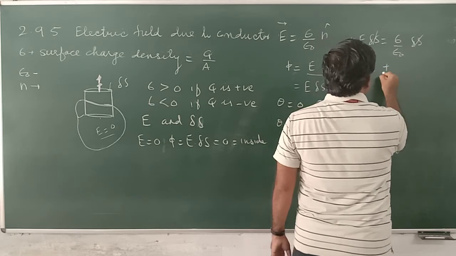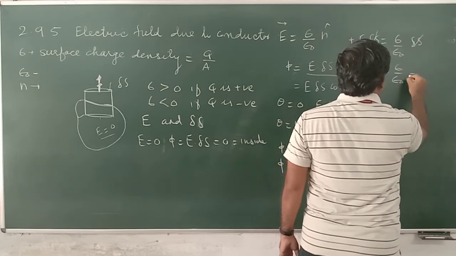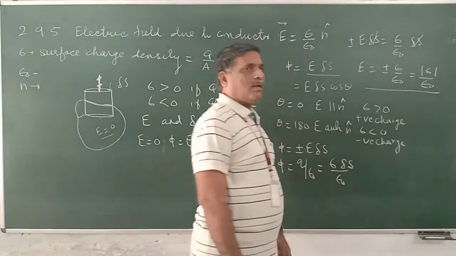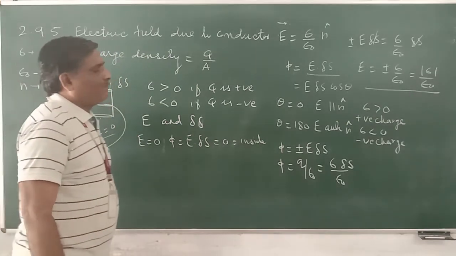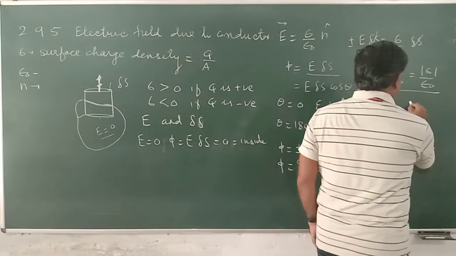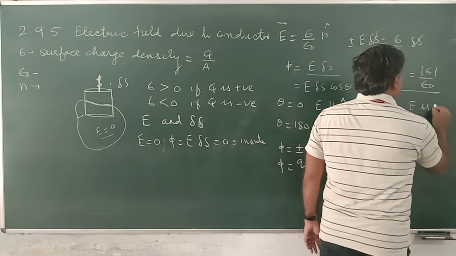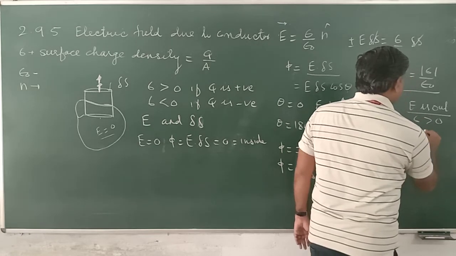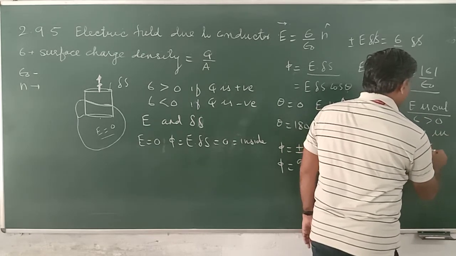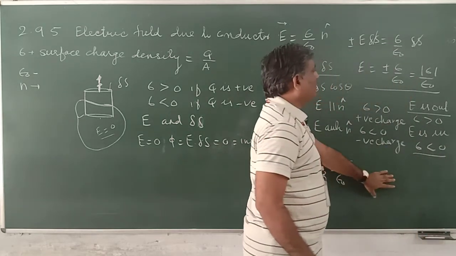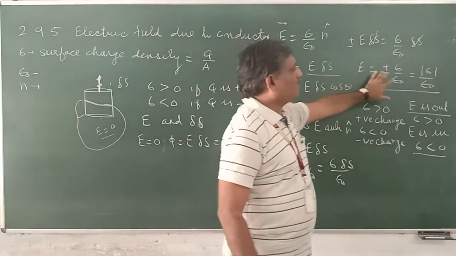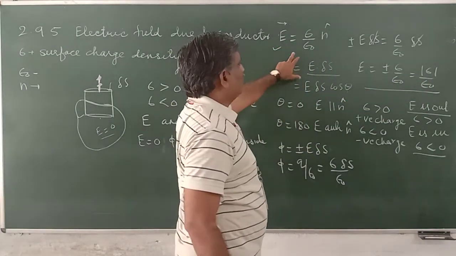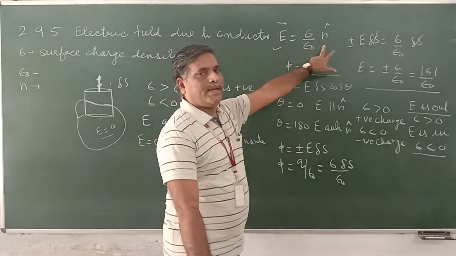E is equal to plus or minus sigma by epsilon 0, or magnitude-wise, E is equal to the magnitude of sigma divided by epsilon 0. E is outward if sigma is positive. E is inward if sigma is negative. Once again, E is equal to the magnitude of sigma divided by epsilon 0, or vector E is equal to sigma divided by epsilon 0 n cap.